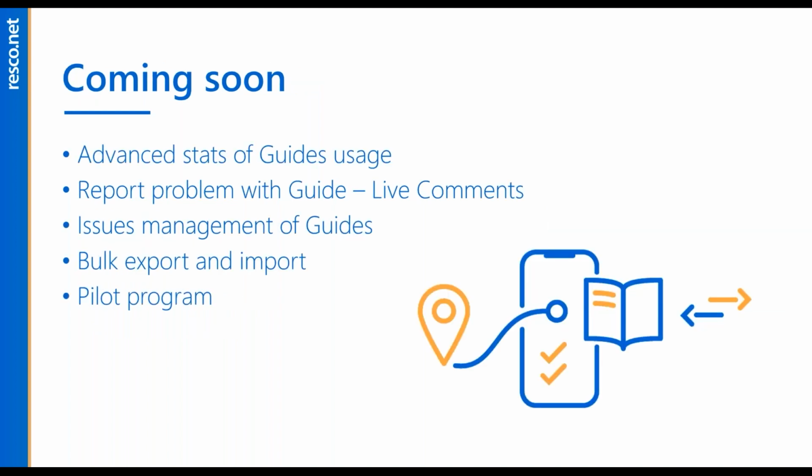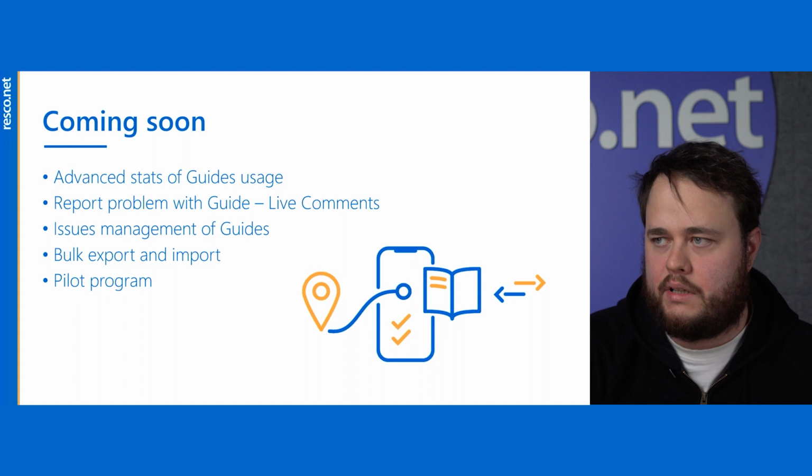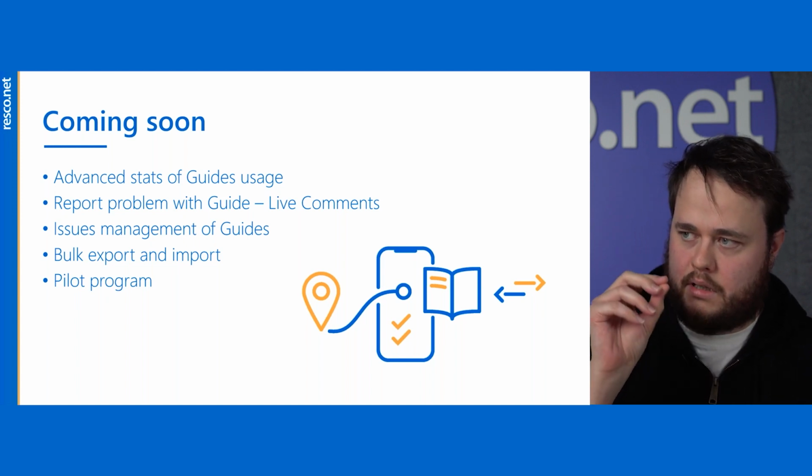A couple of things, like a sneak peek of another release. So as I said, there will be advanced statistics of the guides usage, which are already collecting the data in the existing release. There will be a super feature, which is to report a problem directly within the guide, particularly on the step.